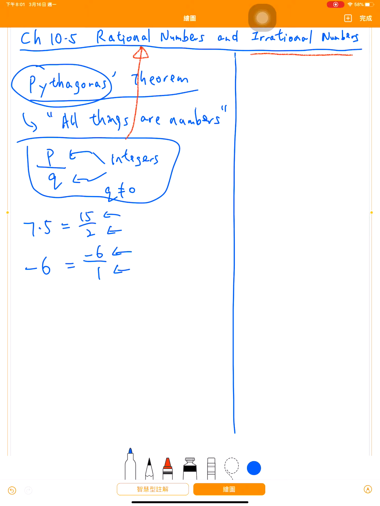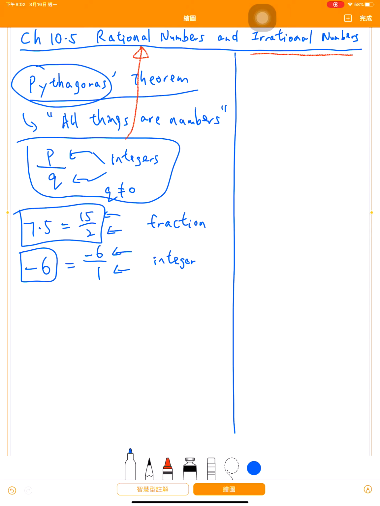So first of all, we can see all the fractions, of course, are rational numbers, right? You can express them as p over q, where p and q are integers. Also, all the integers can be expressed in this format, so all integers are also rational numbers.